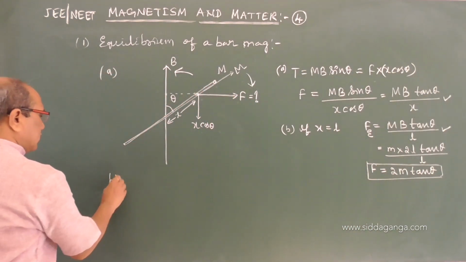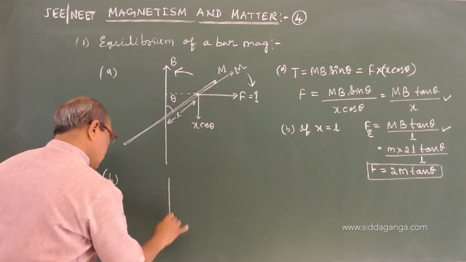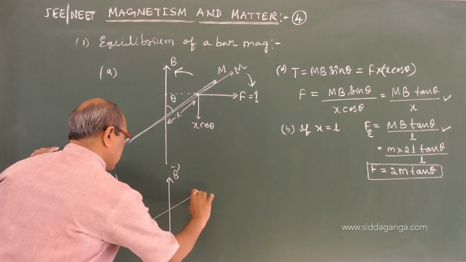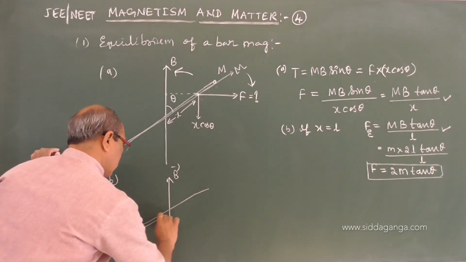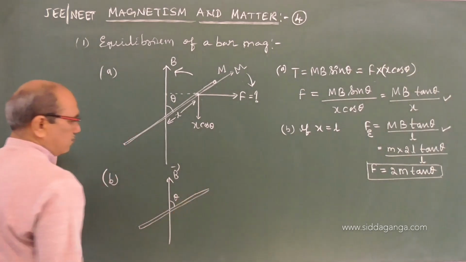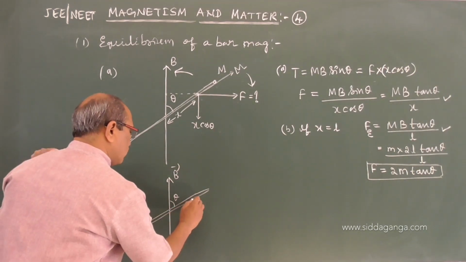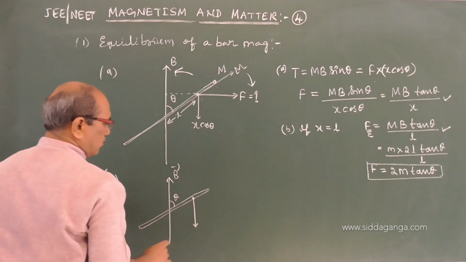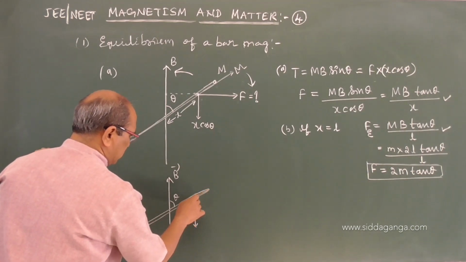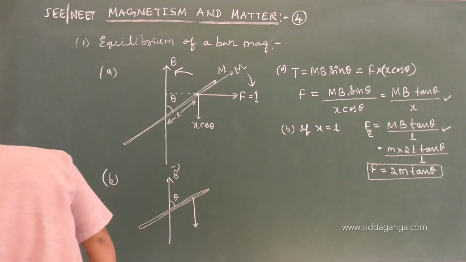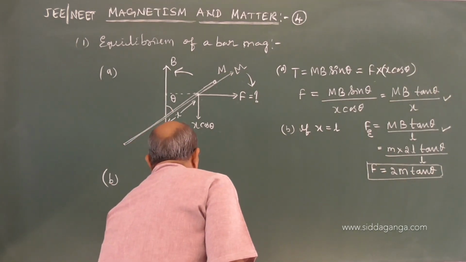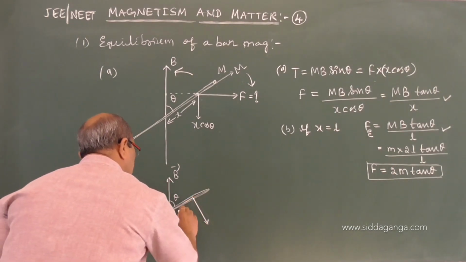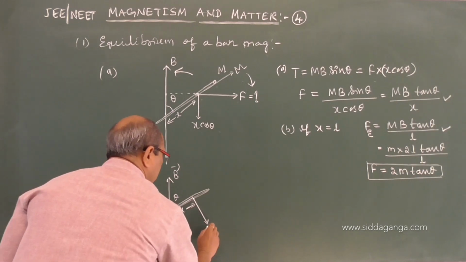Suppose, in the second case, the question may come that the magnetic field is applied and the bar magnet is at some position in equilibrium, and the force is applied perpendicular to the magnet. The force is applied perpendicular to this. Then this x is perpendicular to that.